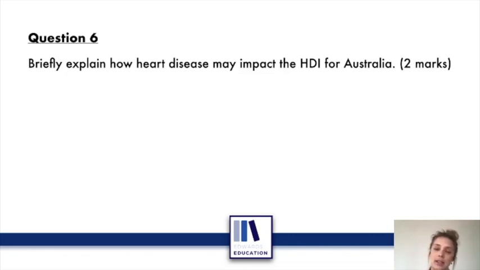I could also say somebody with cardiovascular disease has to be on life-saving medication. This may impact their ability to work and therefore it's going to affect the GNI per capita. I'm unlikely to go with the expected years of schooling and mean years of schooling because heart disease is something that impacts people often a lot later in life.